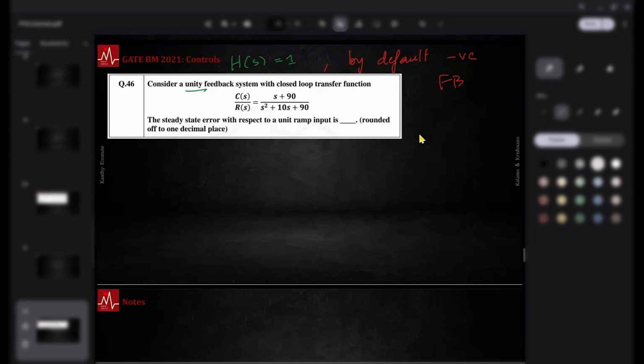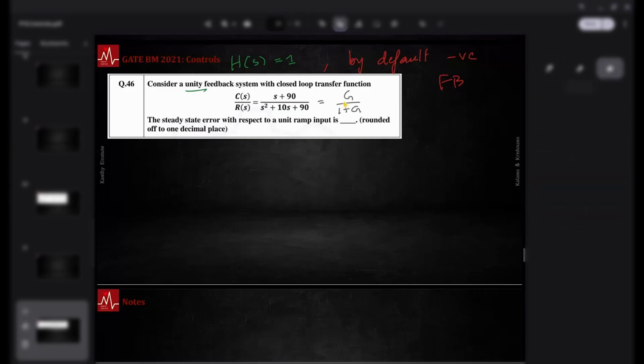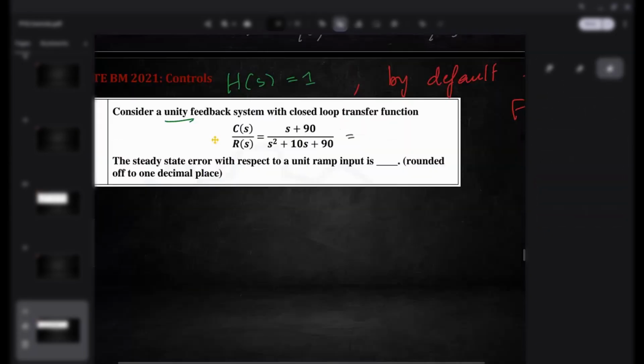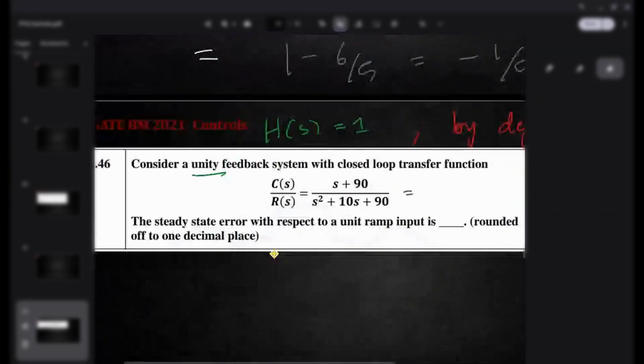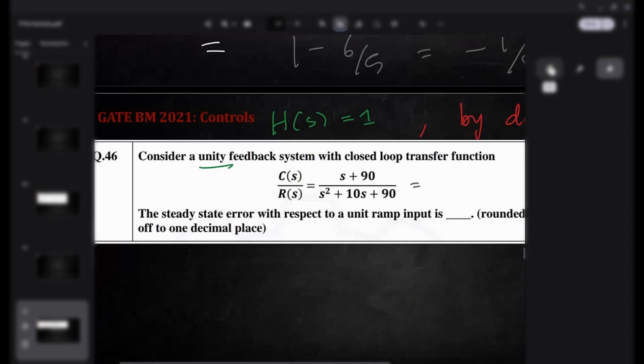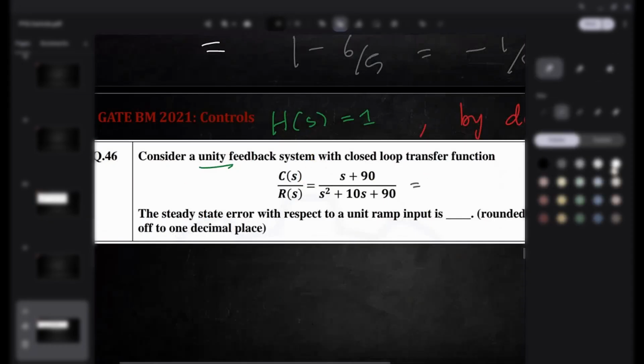Notice what they have given you is, by our definition, G by 1 plus G. So C is the output in control systems, X is R, and Y is C. This is just convention.